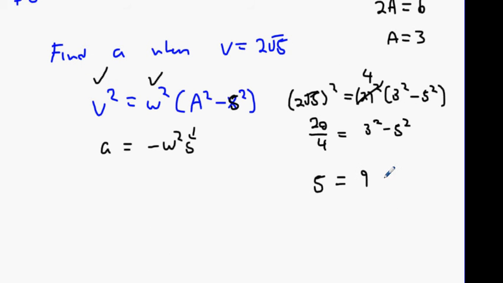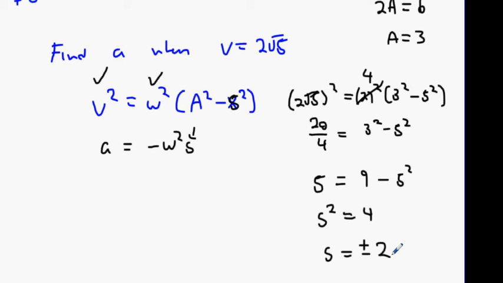Bring our s squared to the right, the 5 to the left. S squared is going to equal 4. S can be, technically speaking, plus or minus 2. Okay? But that's just the magnitude. That's just going to change the direction. They're both going to be the same magnitude. So just use s equals 2.